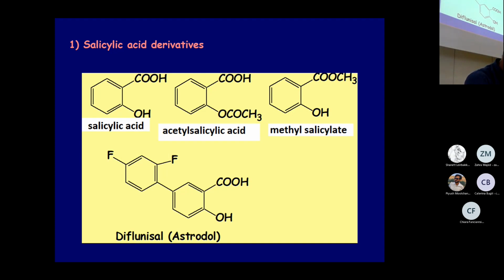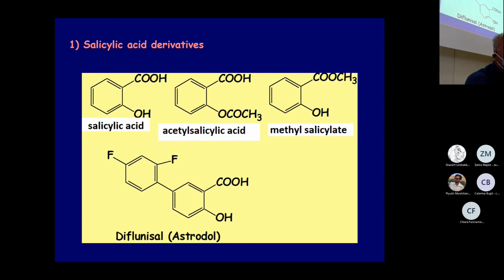And how was the lipophilicity increased? If you see the acidic group, the carboxyl group is esterified with methyl alcohol, a very common reaction.